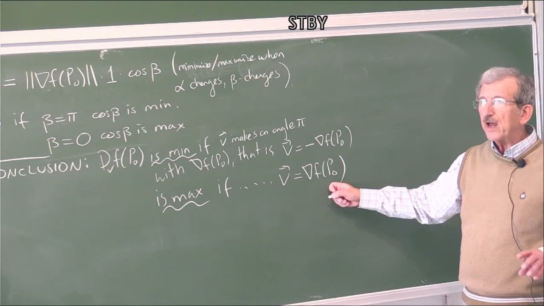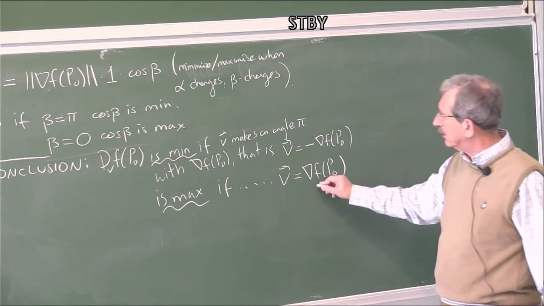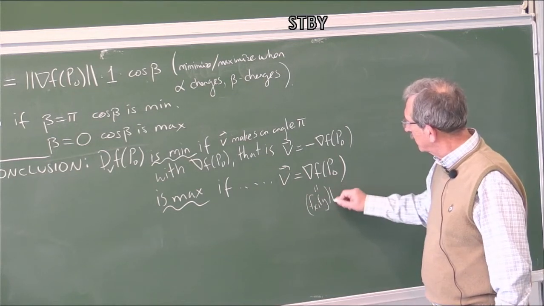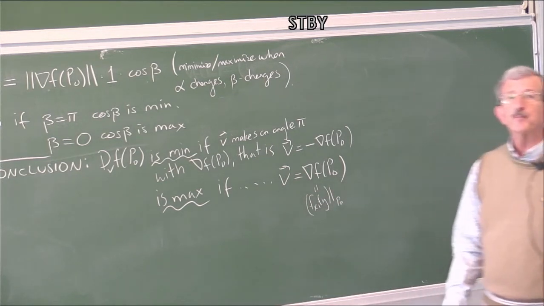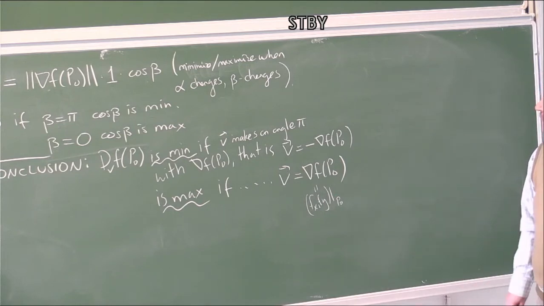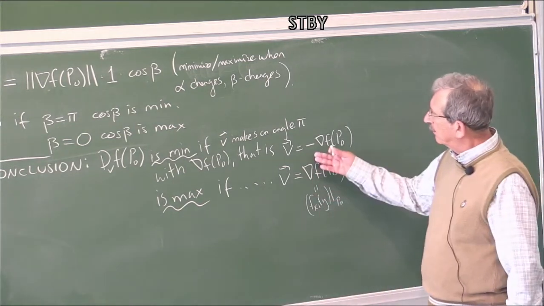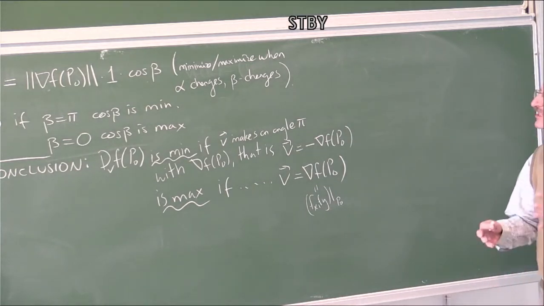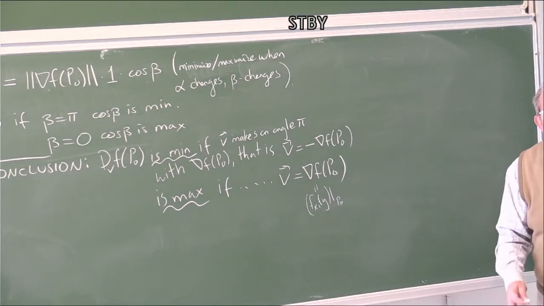Note that this is a two-dimensional gradient, so we are in the plane. And in the opposite direction, we have the smallest slope, the most negative slope.